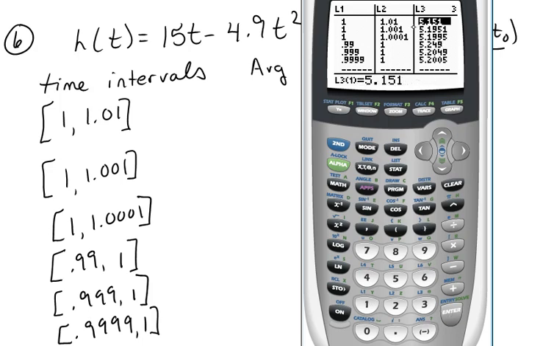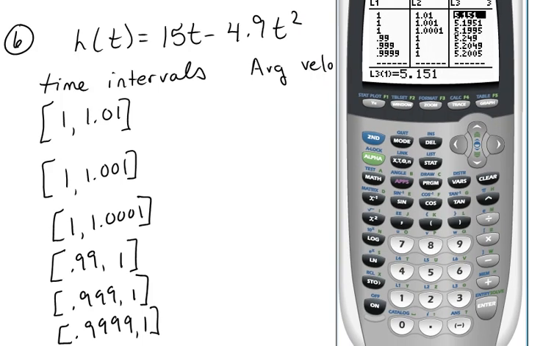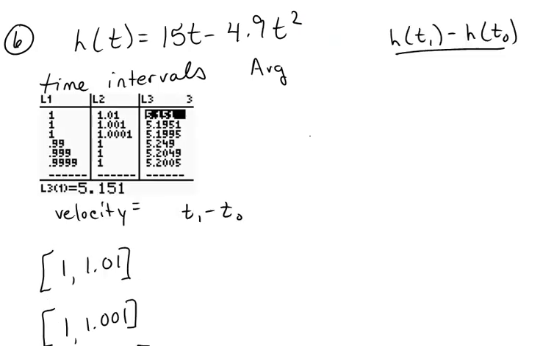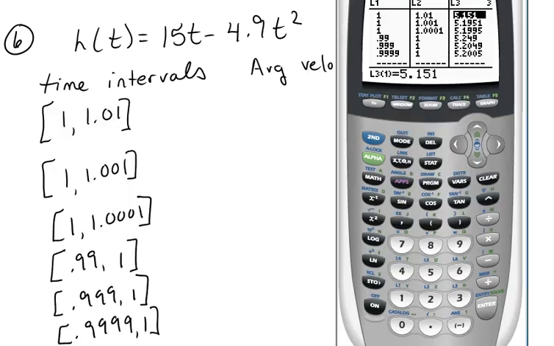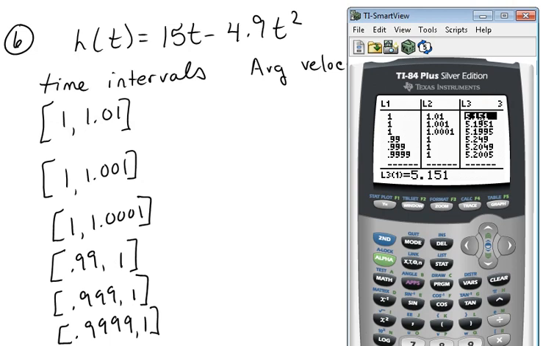And I should be able to see that it does look like the average is about 5.1 or 5.2. Let me undo real quick and pull it over here. Okay, so 5.15, it looks like 5.2 is an estimate for the instantaneous velocity when t equals 1, because as you come in from the left or the right, with smaller and smaller intervals, it looks like we're approaching 5.2 as the instantaneous velocity.